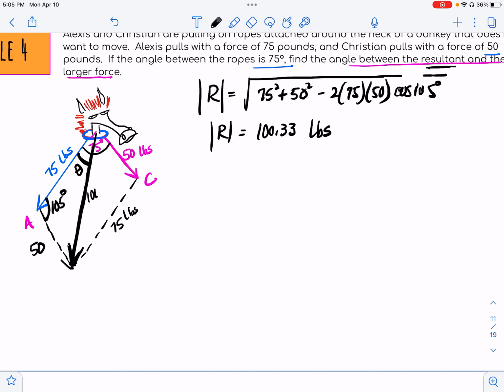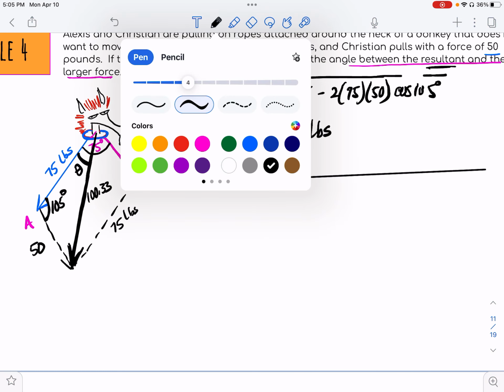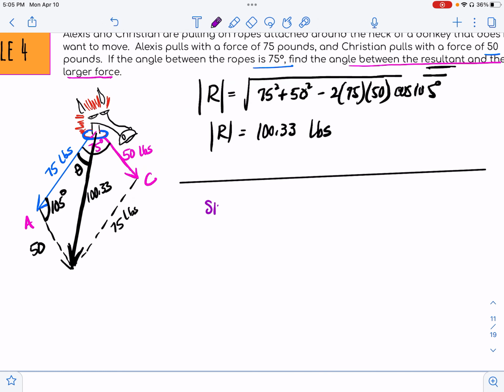This is 100.33. And if I still stick to the same triangle, step 2 would be to find that angle, but I should be able to use the law of sines there. The sine of 105 over its opposite side, which I just found, must equal sine of theta over its opposite side, which is 50.